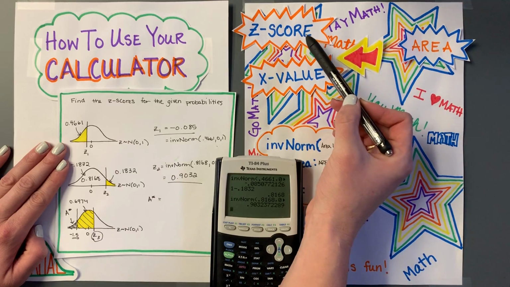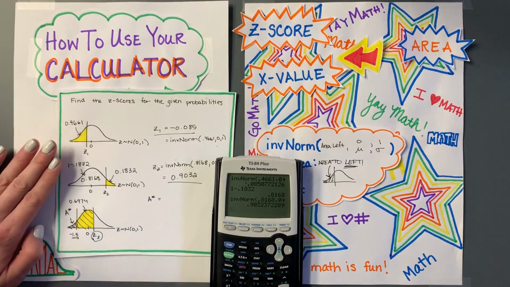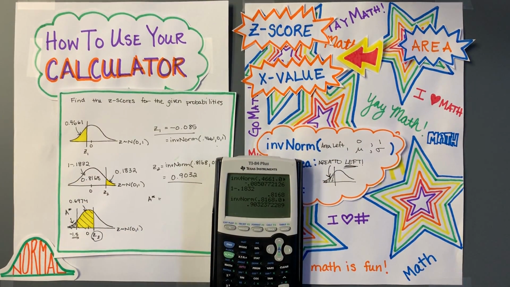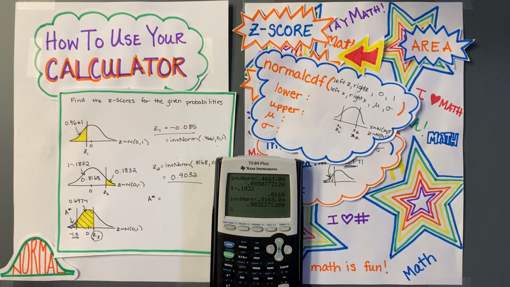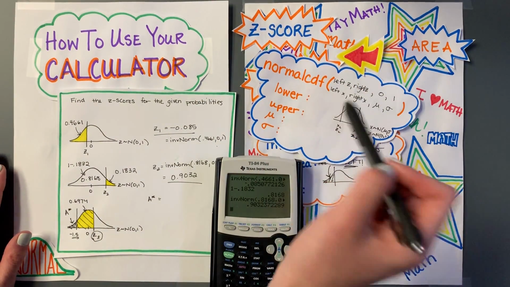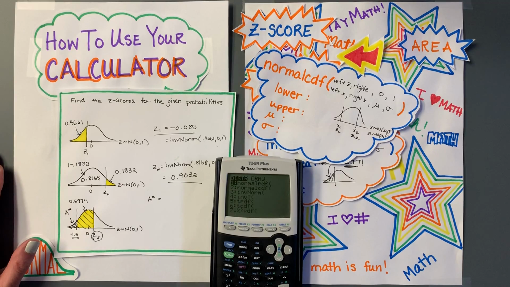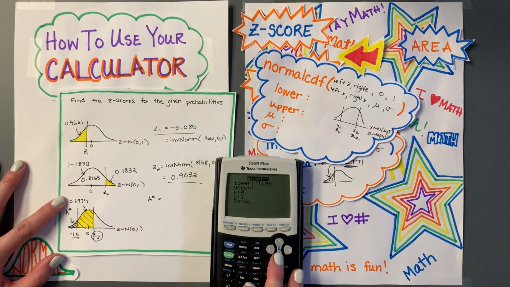So A star, I'm going to find this area. Now I'm going from a z-score to an area, which means I'm going to use my normal CDF. When I go from a z-score to an area, I use normal CDF. My lower limit there is negative infinity. My upper limit is negative 1.5. My mean is 0 and my standard deviation is 1.